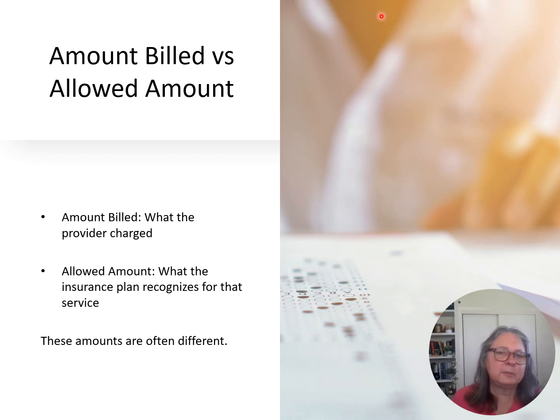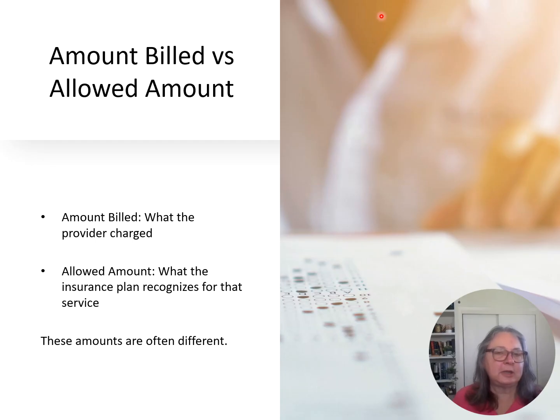One of the most confusing parts of an EOB is the difference between the amount billed and the allowed amount. So the amount billed is what the provider originally charged for the services. The allowed amount is the amount that your insurance plan recognizes for that service under the contract between the insurance company and the provider.